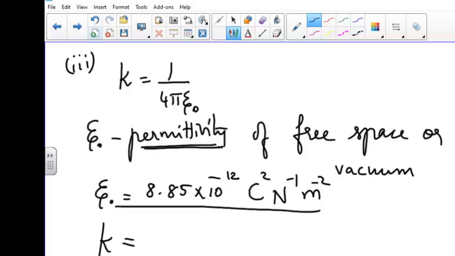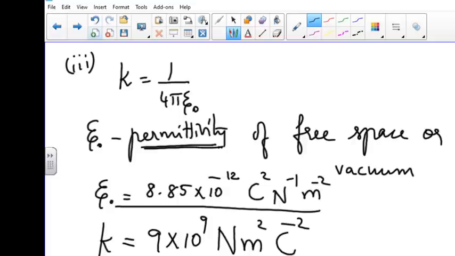Substituting, we get k is equal to 9 into 10 power 9 N m squared C power minus 2. So in problems, you can substitute 9 into 10 power 9 for k directly. This is the third aspect.